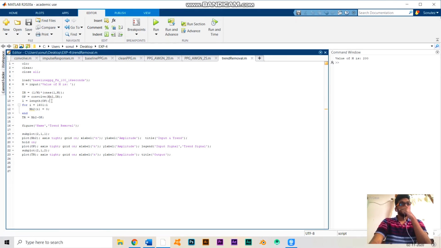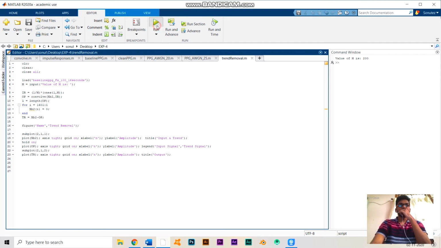The length of the convolved signal and the original baseline PPG signal may not be the same, so we have to zero pad it. So we are finding the length of the convolved signal, which is L, and now by using this for loop we are zero padding the original baseline PPG signal. If we remove the convolved signal from the baseline PPG signal, we will get the trend removed signal.